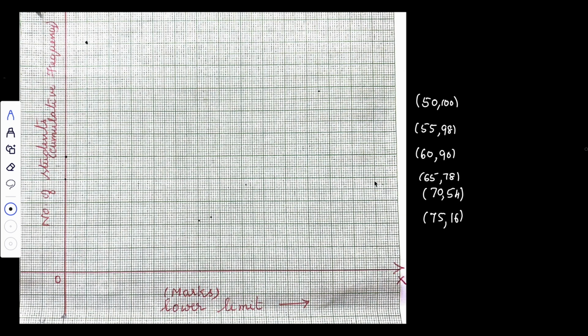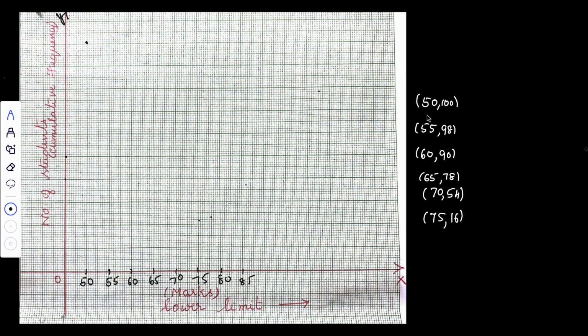Now we are going to plot the graph of this. You should draw the x-axis and y-axis. On the x-axis we have the marks, the lower limits, and on the y-axis we have the number of students, that is the cumulative frequency. Now we'll write the same points here. On the x-axis: 50, 55, 60, 65, 70, 75, 80, 85.